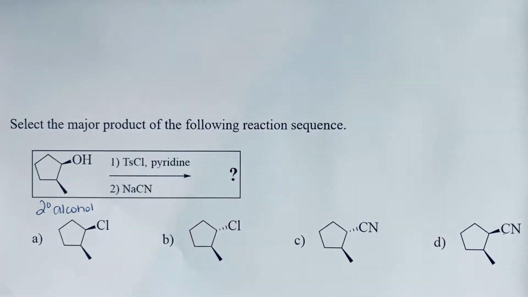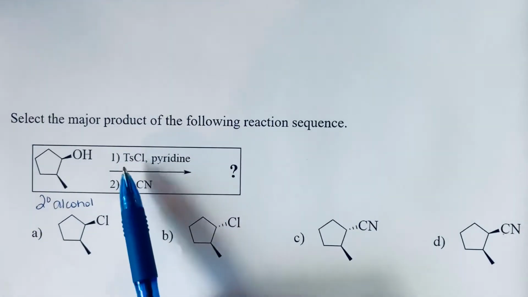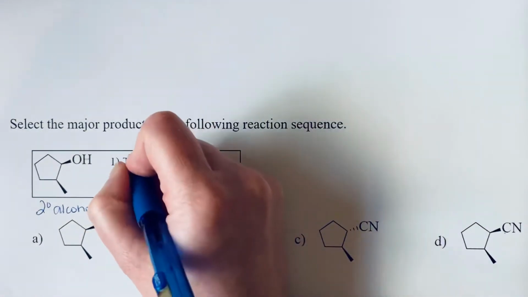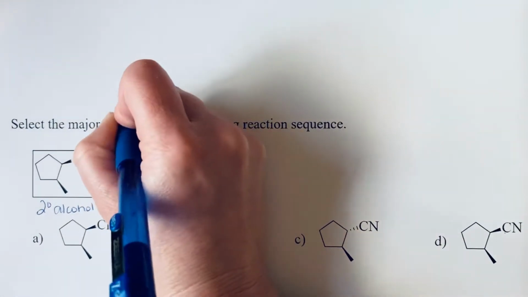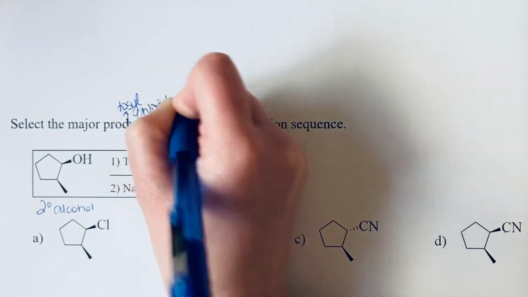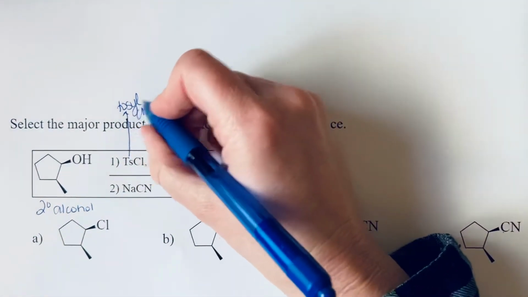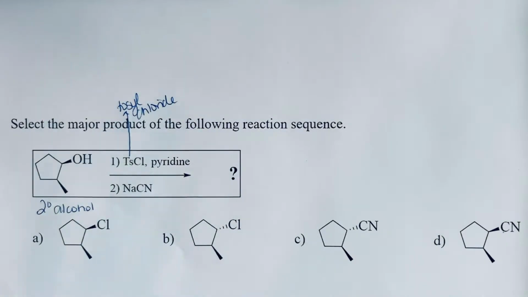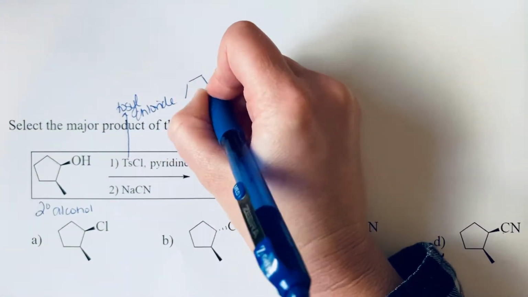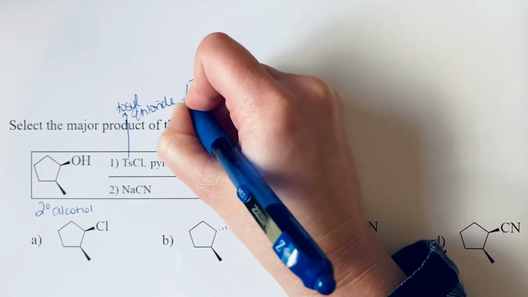And so the first thing we're doing is we're taking this secondary alcohol and we're reacting this with TsCl, which is tosyl chloride. And so tosyl is shorthand for para-toluenesulfonyl, which is a mouthful. So let's go ahead and draw this.